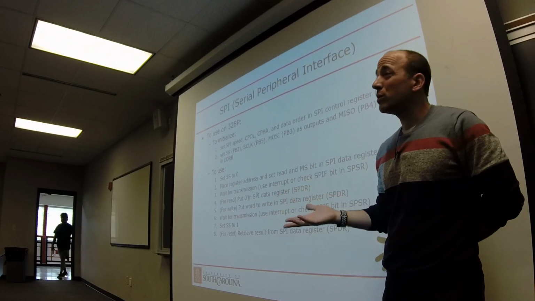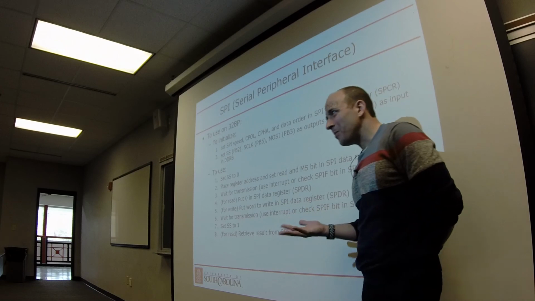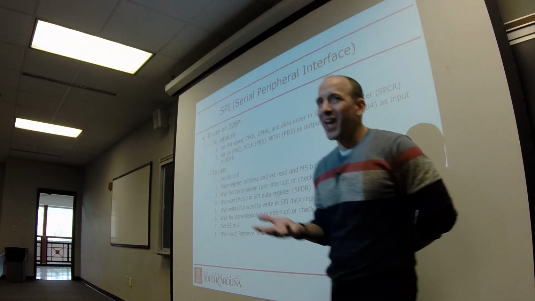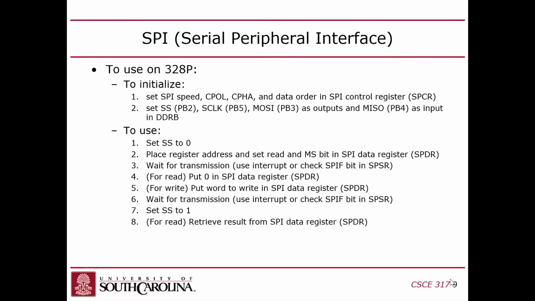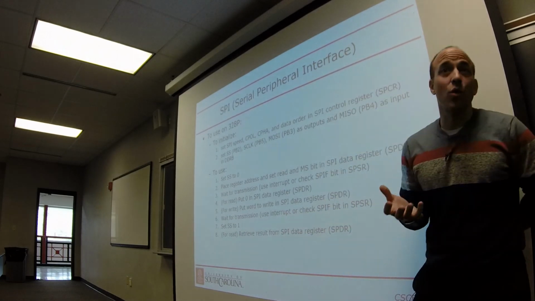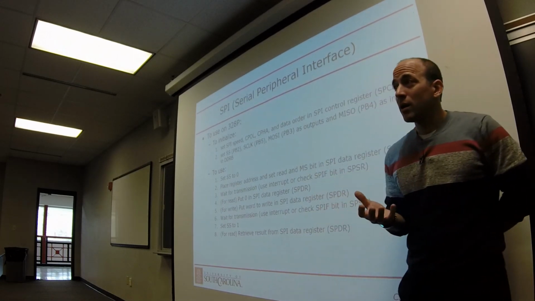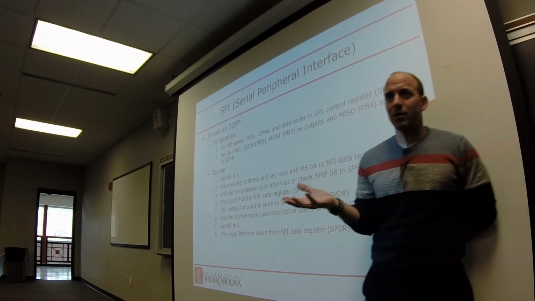What should you do? Should you interrupt or poll? I think in this case, you don't gain much from using an interrupt because the SPI bus is fast. You're not going to be doing a lot of work while it's sending out 1 byte on SPI. There's not a lot of time there, right?